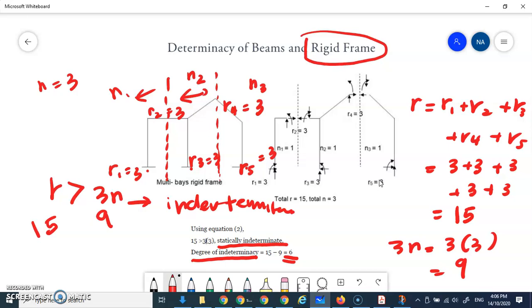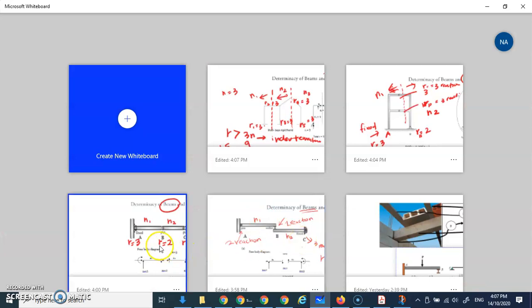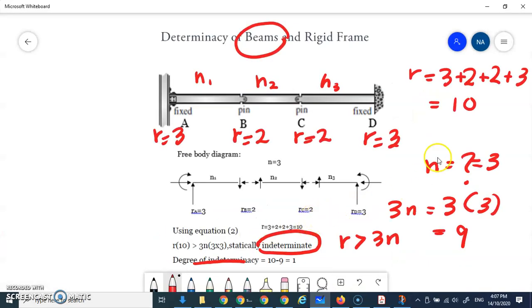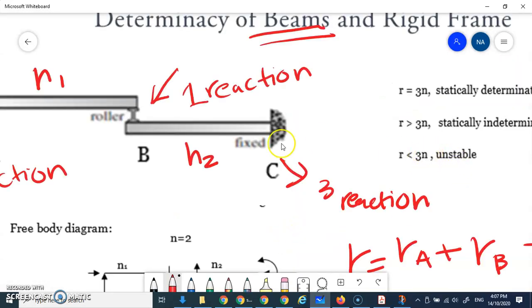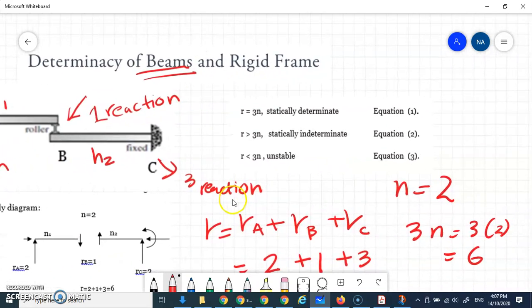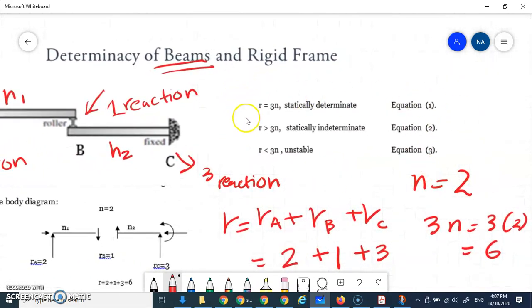Okay, so these 4 examples are how we calculate ataupun kita nak determine the determinacy of beam and also the rigid frame by using the same equation. Okay, by using this equation for determining the determinacy of beam and rigid frame.